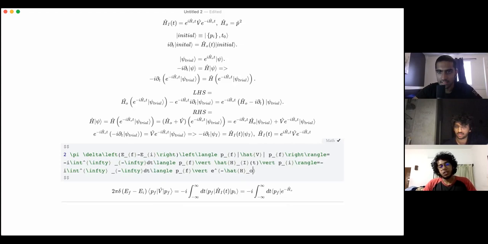The P's are eigenstates of the free Hamiltonian. That means their energies come from the free Hamiltonian too.